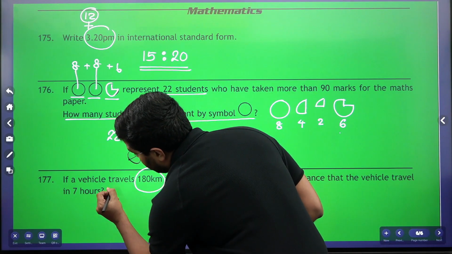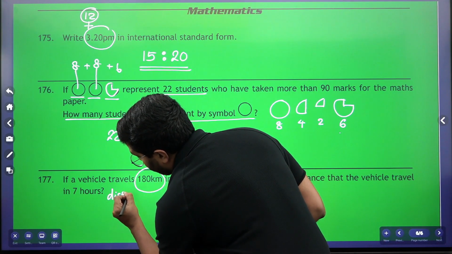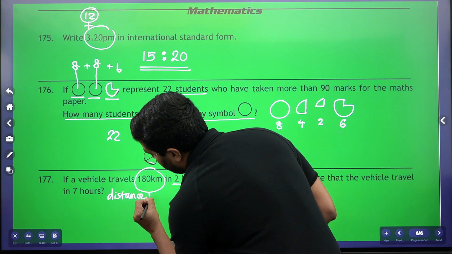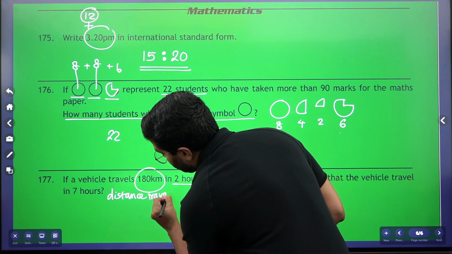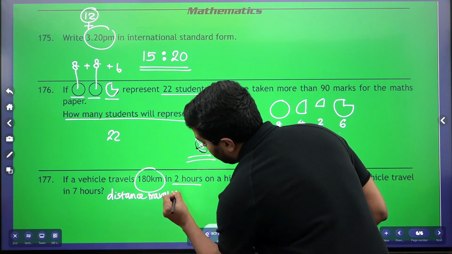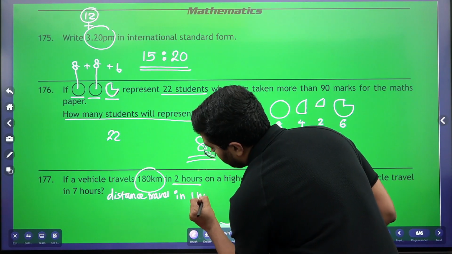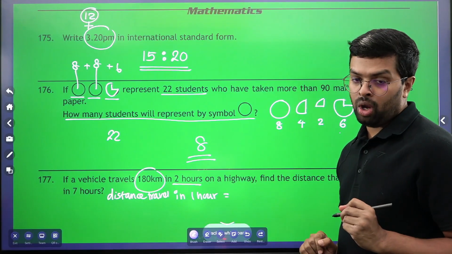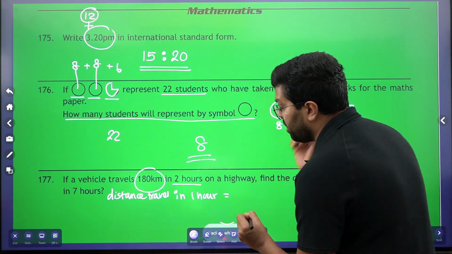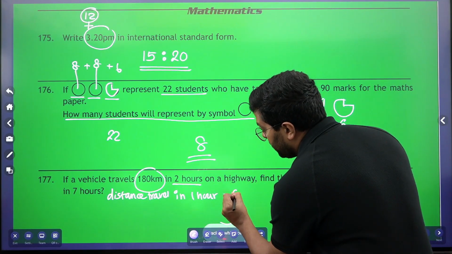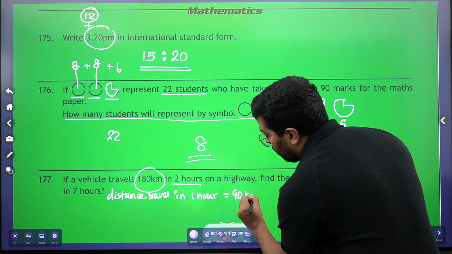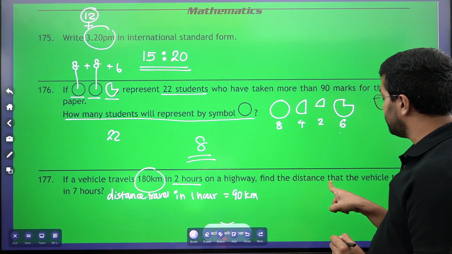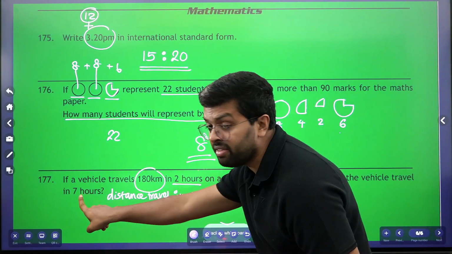So what is the distance traveled in 1 hour? 180 kilometers in 2 hours, so the distance traveled in 1 hour will be, yes, 90 kilometers. Find the distance that the vehicle travels in 7 hours.